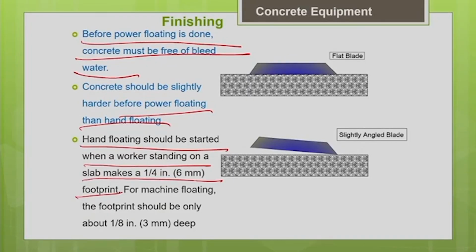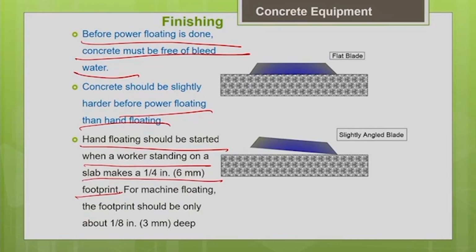If you put your foot on the concrete, the maximum indentation allowed is only 1/4 inch or 6 mm. The indentation should not be more than this. Then only you can say that the concrete is ready for hand floating.